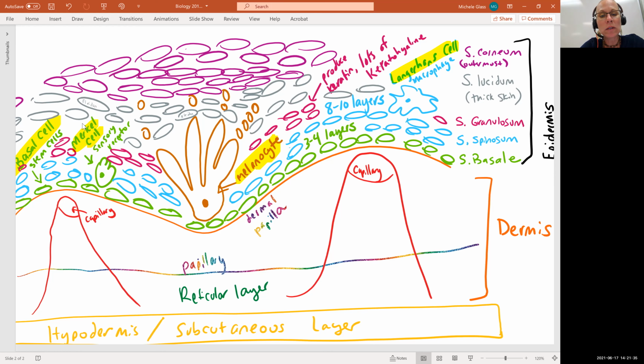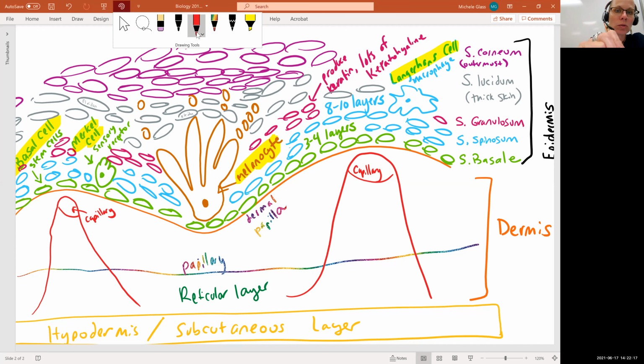So again, the significance of the dermal papillae is that you've increased your surface area and you've increased the strength of the connection between the dermis and the epidermis. And sticking up into those dermal papillae, you're going to have your blood vessels and your capillaries.